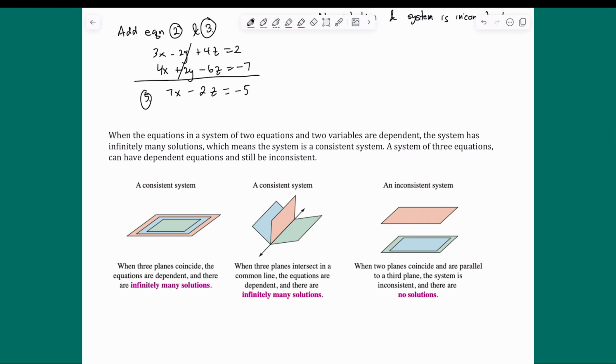A system is consistent. Another possibility for a consistent system is when the 3 planes intersect in a common line. The equations are dependent and there are infinitely many solutions. But you also have a system which is inconsistent, and this can be when two planes coincide and are parallel to a third plane. The system is inconsistent and there are no solutions.